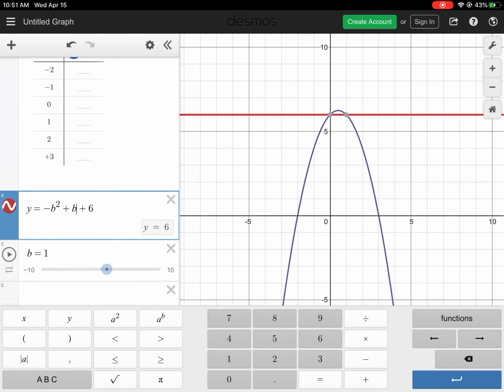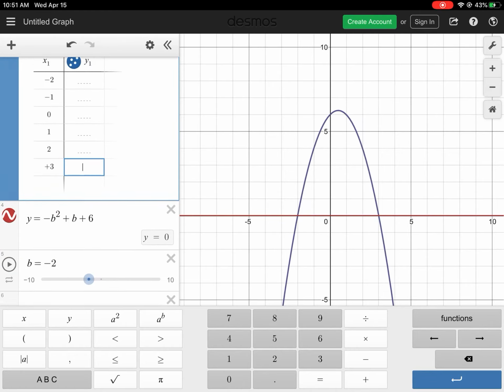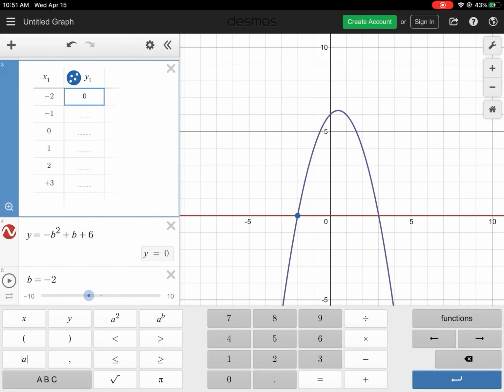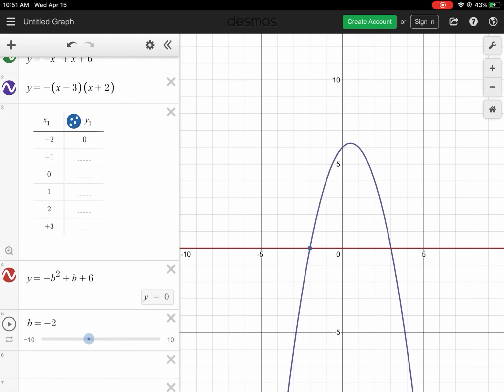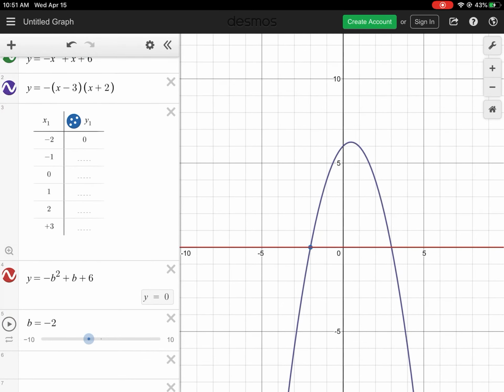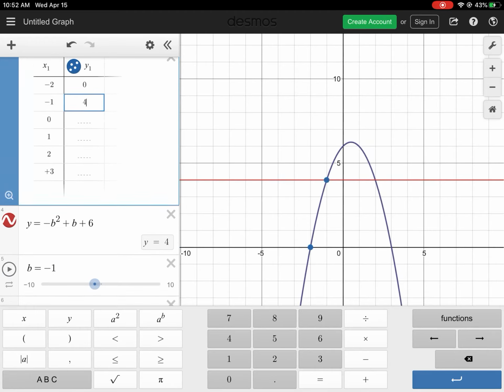Okay, so if I say b is negative 2, then I get an output of 0. And we knew that because negative 2 was one of my x-intercepts. If I say b is negative 1, I get an output of 4.